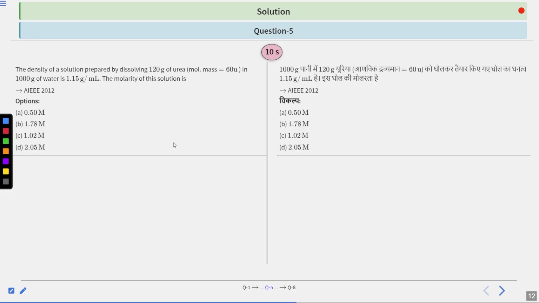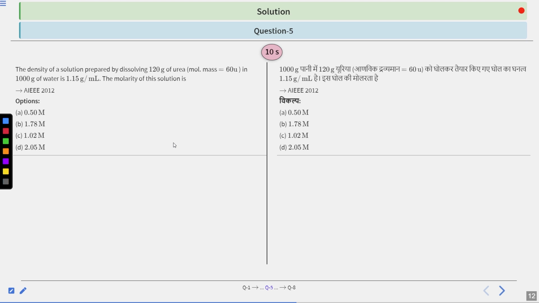Question number 5. The density of a solution prepared by dissolving 120 grams of urea in 1000 grams of water is 1.15 gram per ml. The molarity of the solution is, options are A 0.50 molar, B 1.78 molar, C 1.02 molar, and D 2.05 molar.